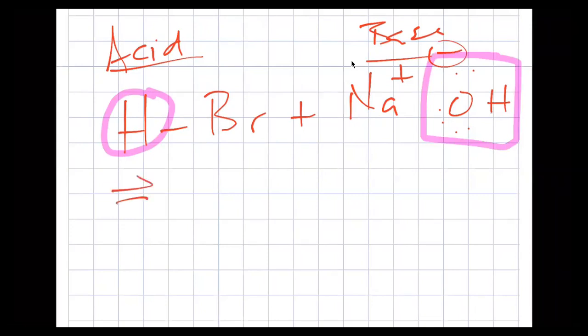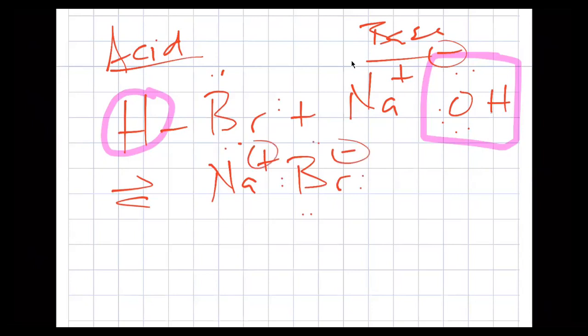Right? So here, this thing is going to react. And so I'm going to end up with Na plus, let me put some electrons around bromine, and then Br minus, and then plus HOH.